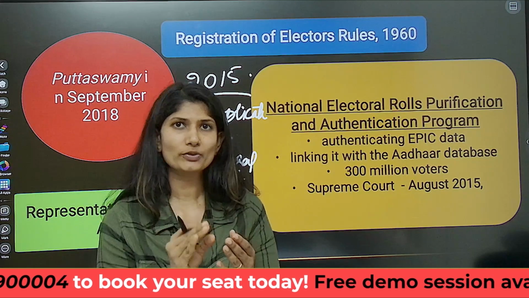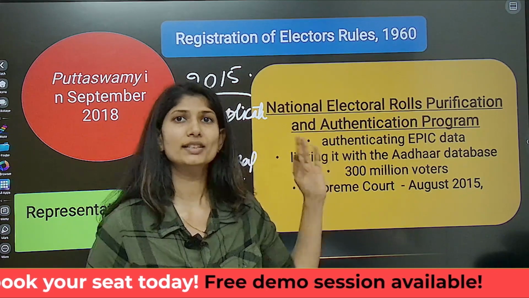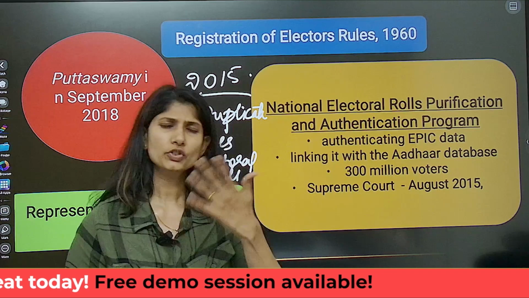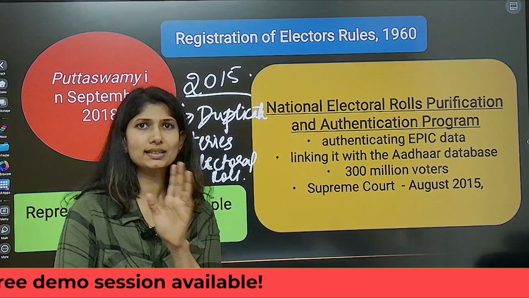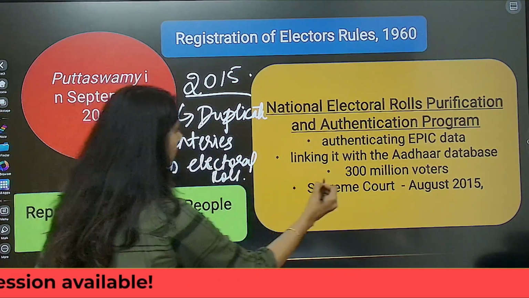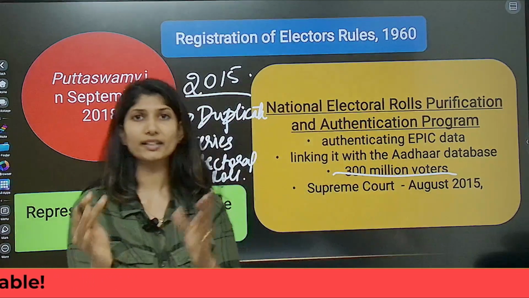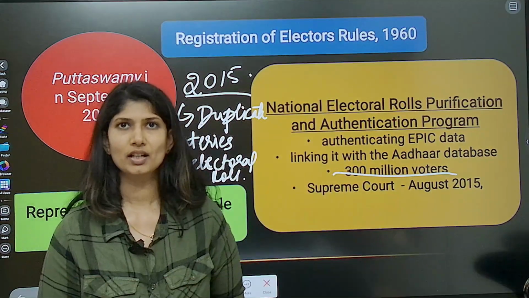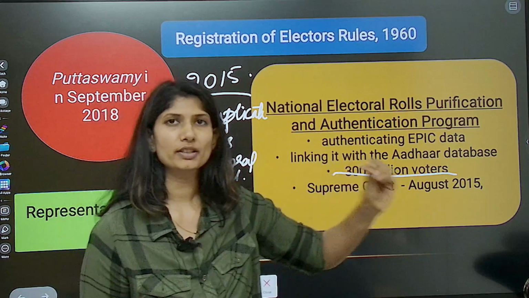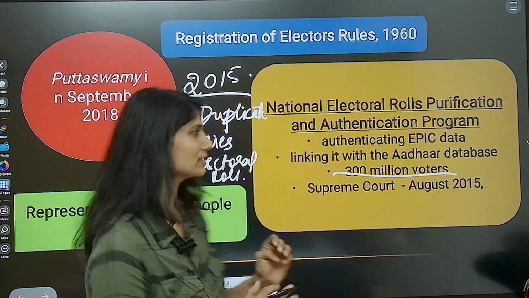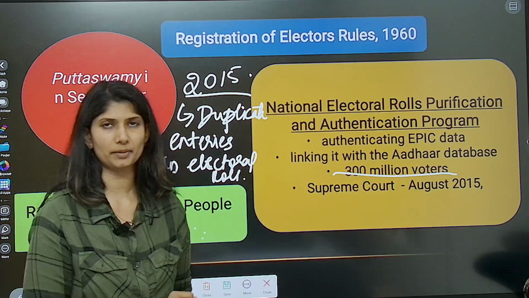So that at that point of time we can remove the duplicate entries. So they proceeded with that. Within 3 months, 300 million voters were added into the system like this. Now what happened? People went to the courts and asked the validity of such an act.